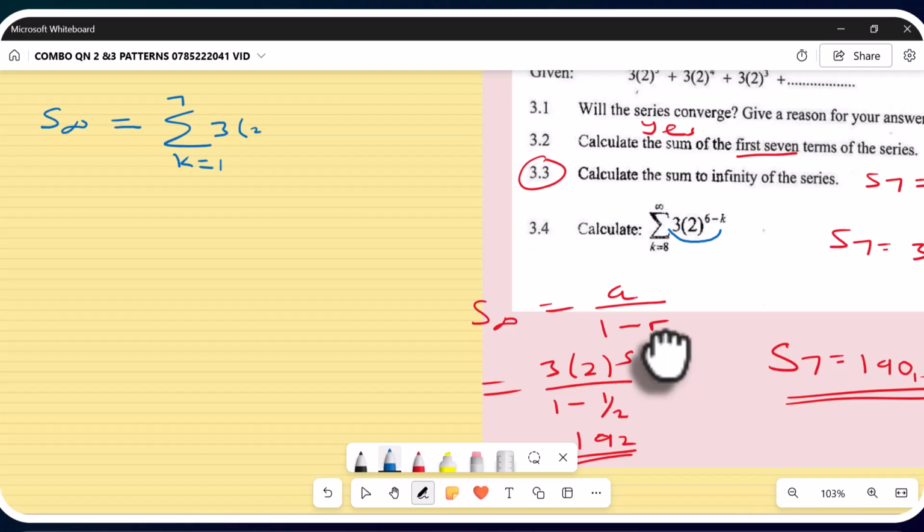So here they give us the first term, that's our T1, and they said our T1 is 8. And they gave us this one here.